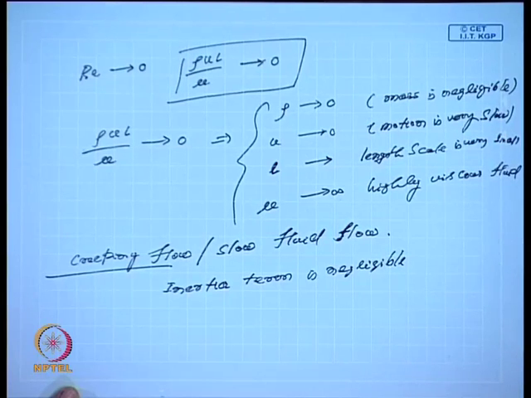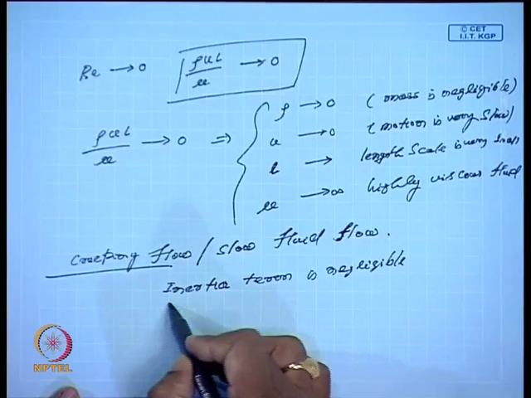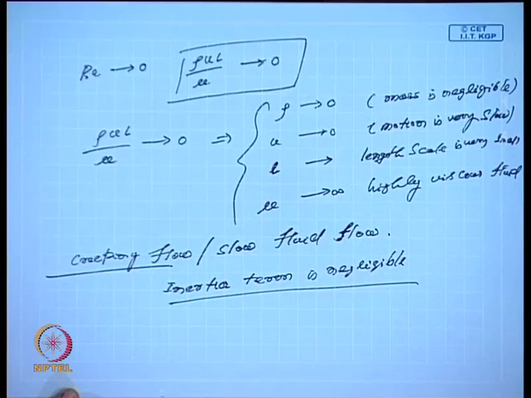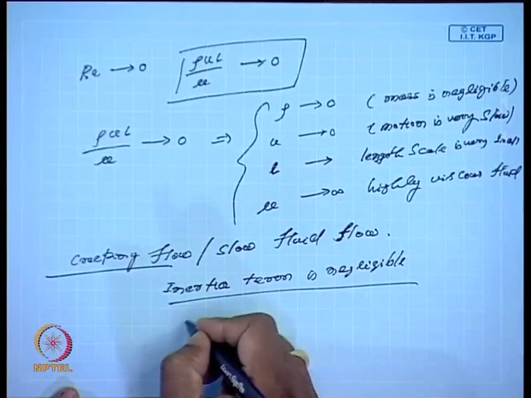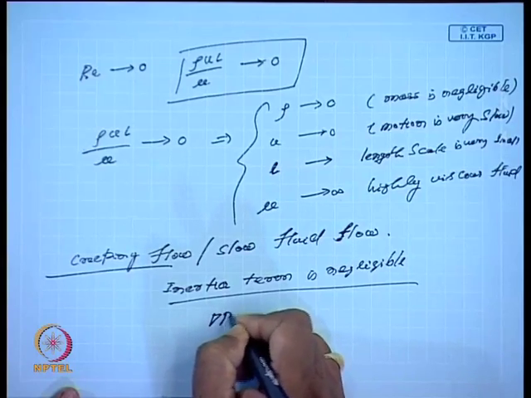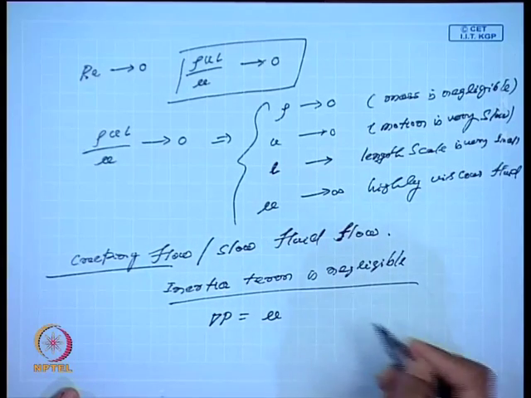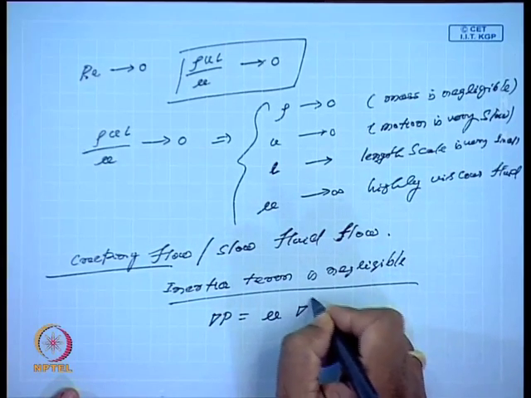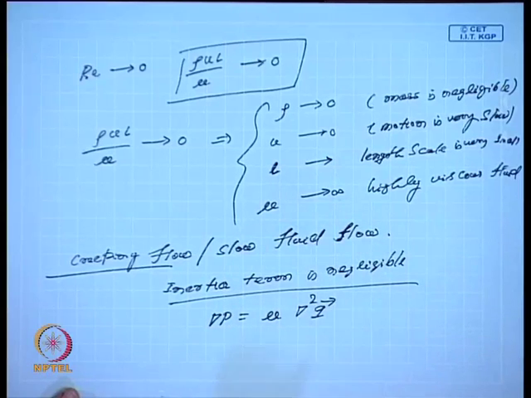And hence, when the inertia force is negligible compared to the viscous force, then if I look at my Navier-Stokes equation of motion for incompressible fluid flow, I will have grad p equal to mu into del square q bar, because the inertia term is negligible.